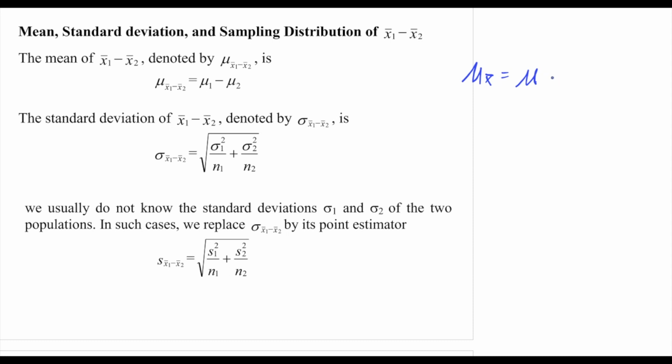And because we normally do not have the value of the population mean, we would estimate this using the value of the sample mean. So similarly, in hypothesis testing for two population means, we would use the values of x bar to estimate mu.